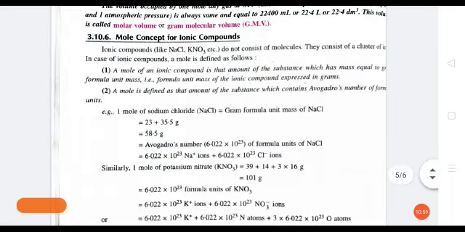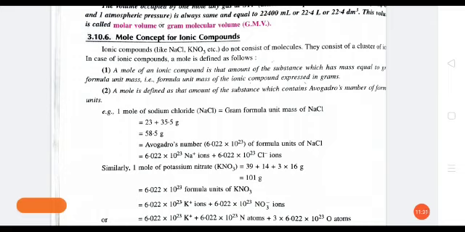Okay. Now next is mole concept for ionic compounds. So before learning this topic, let me tell you my children what are ionic compounds. And before knowing ionic compounds, first of all we have to know what are ions. So let me tell you my dear children, an atom or a group of atoms which carries positive or negative charge is called an ion.